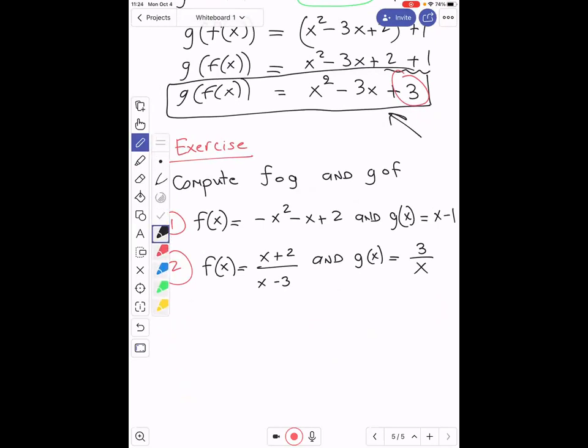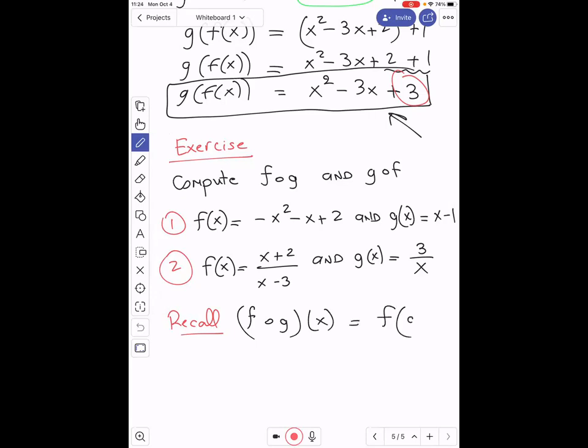Again, just to remind you the notation: when I write f circle g, this is f of g of x, and g circle f is g of f of x.